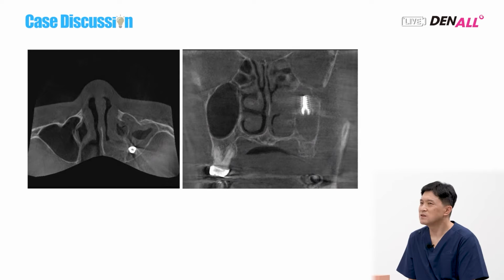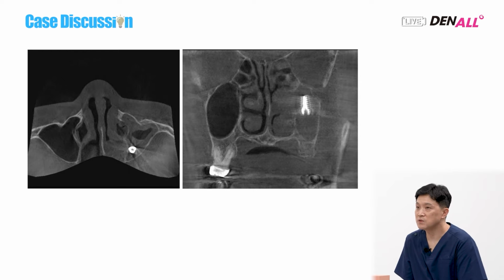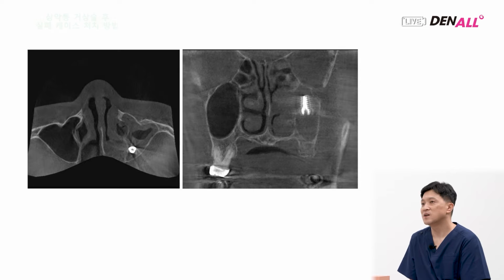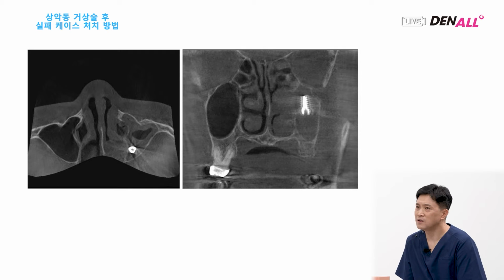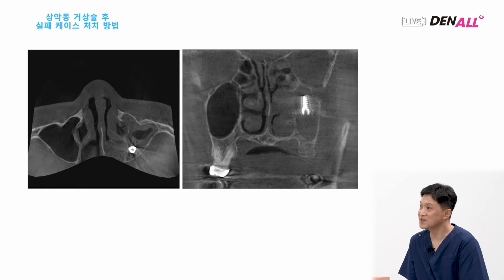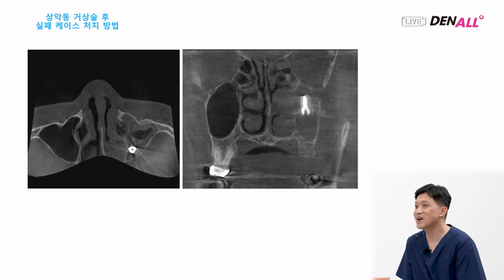But if it was dislocated a long time ago, there can be granulation tissue or hypertrophic mucosa. And as Dr. Jung said, we need to remove it by all means. Preserving bone or soft tissue is not a priority in that case. Removing the implant is the most urgent job.